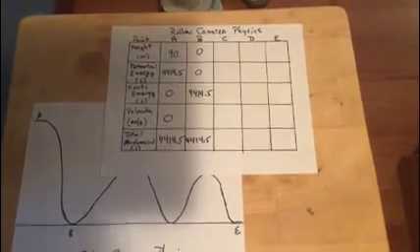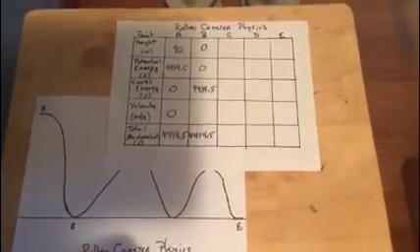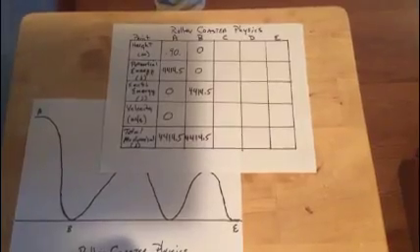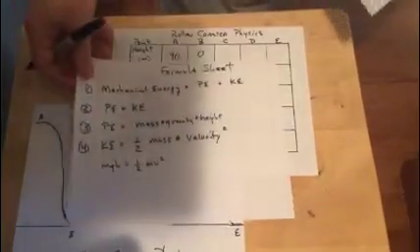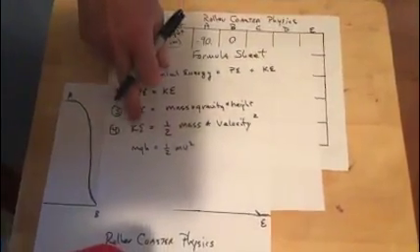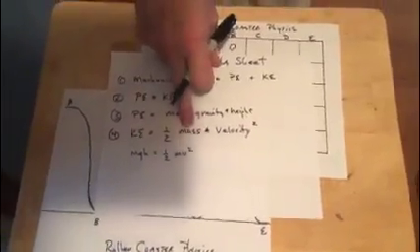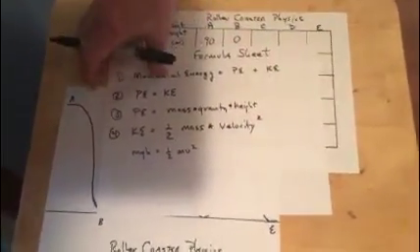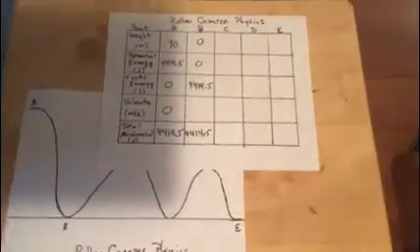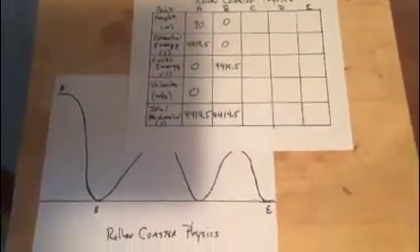So now we need to figure out what the velocity of it is. Okay, so we go back here, we look at our sheet, and kinetic energy is 1/2 the mass times the velocity squared. So we can use that formula to figure out what's going to happen.